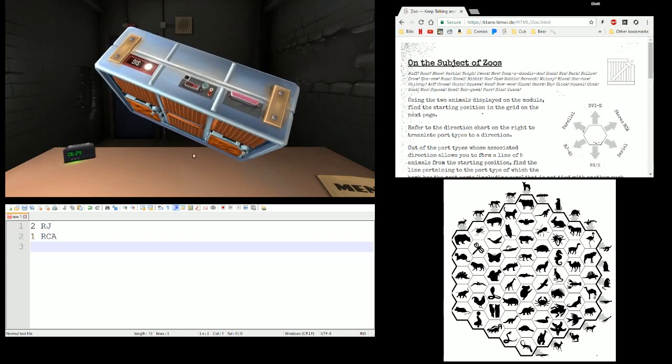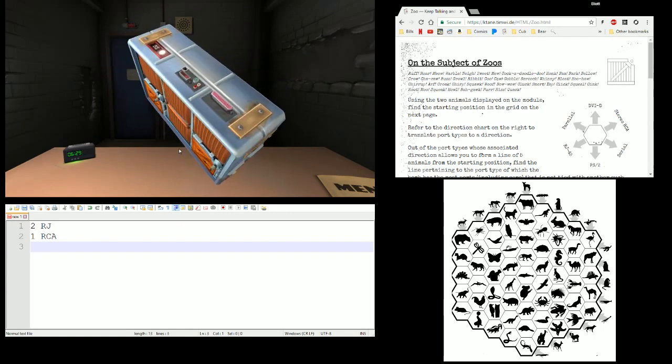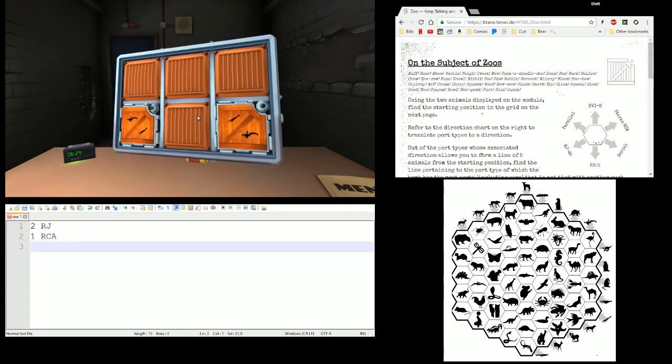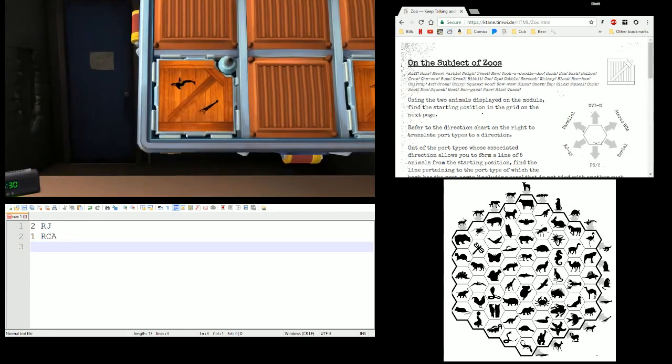I'm going to get to show off this rule. We have exactly one of every single port. Beautiful. Alright, we'll get to demonstrate the other rule this time. For this one, we have an orca and a squid. That's going to put us here at the warthog square first.